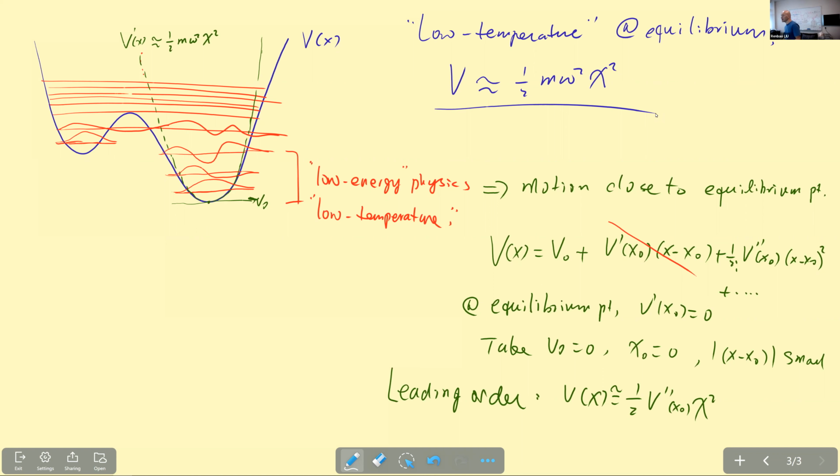So this is the reason why the harmonic oscillator is actually a very useful model to describe the physics.